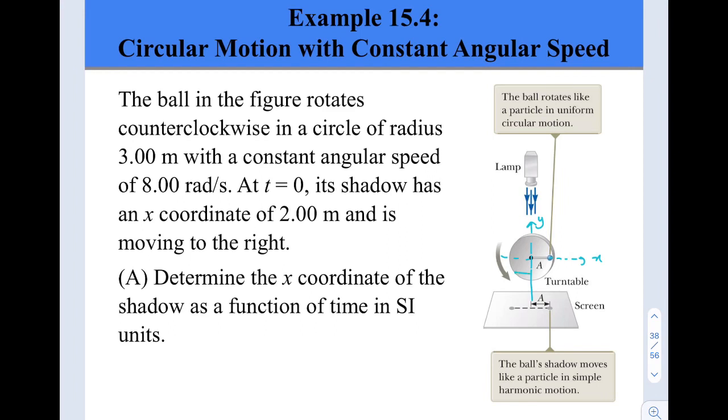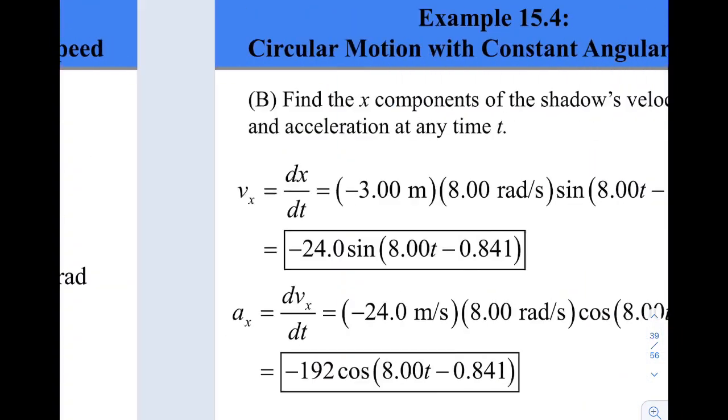So the shadow is somewhere here, like that. So the theta must be somewhere here. Here is your angle. That is why your angle, your phi, is negative, right?